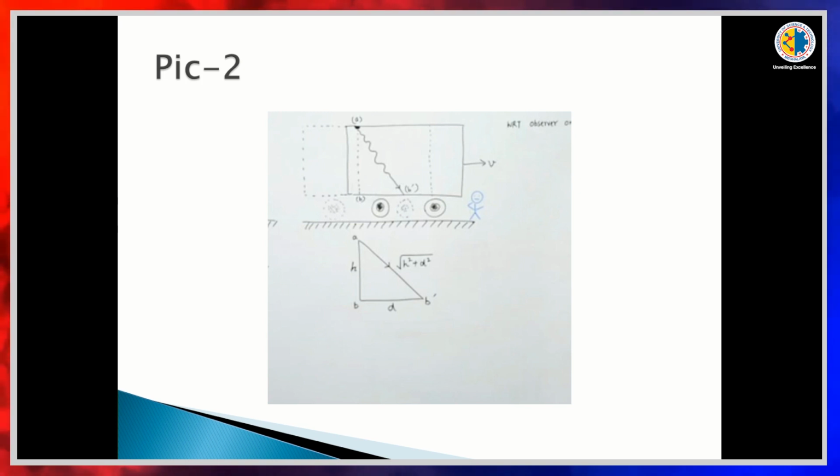When the bulb emits light and the train is moving in the second situation, the light travels in a bending way, as observed by the outside observer on the railway platform. He says the light goes along this hypotenuse of a right angle triangle.